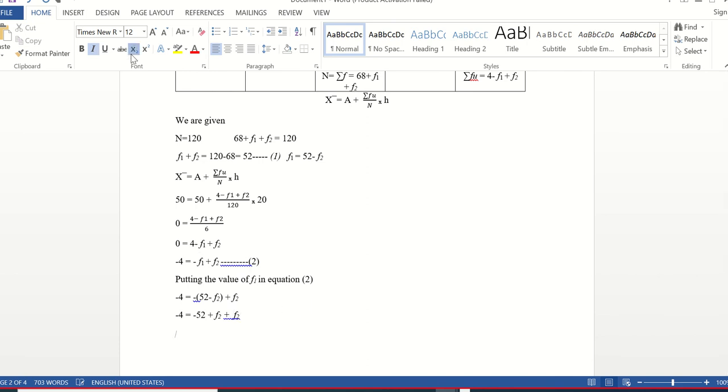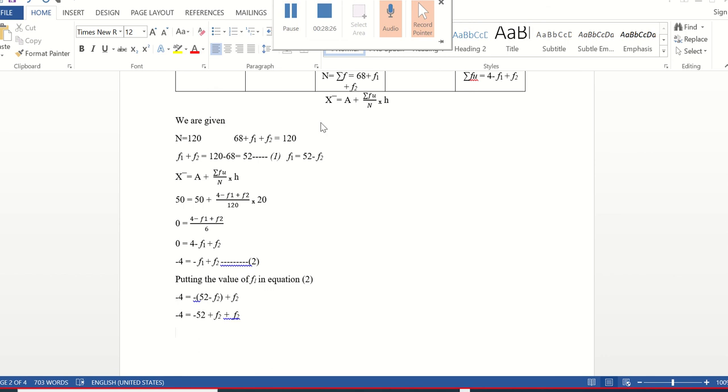Moving forward, minus 4 plus 52: minus 52 will become plus 52, so minus 4 plus 52 will become plus 48.